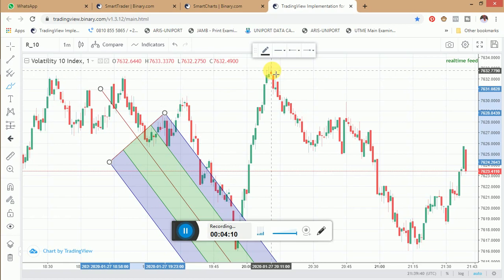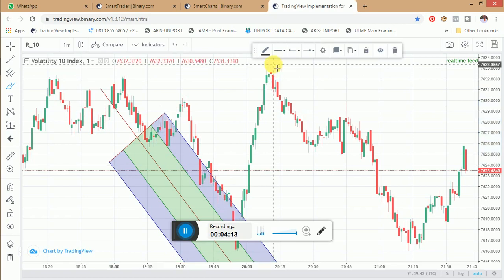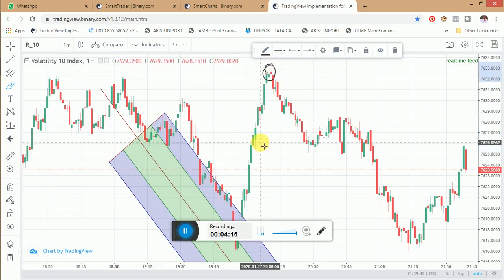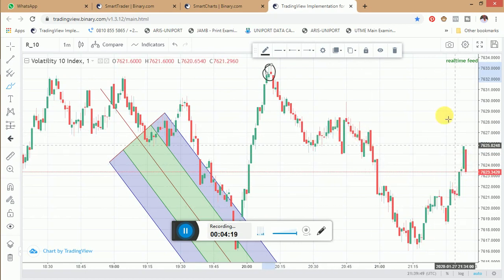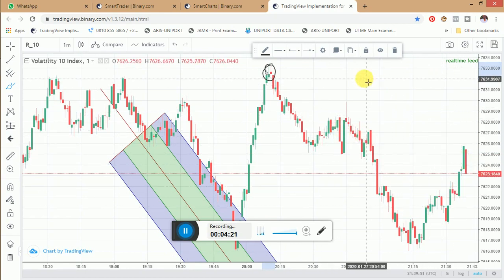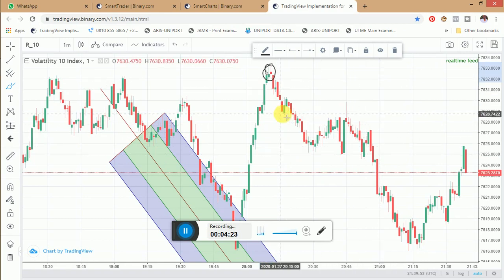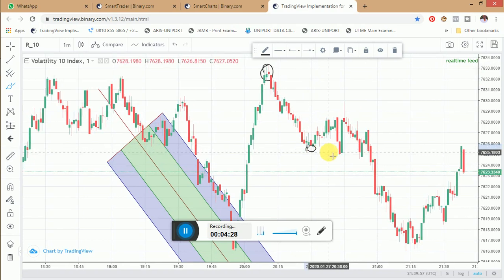Let's say you might see that the market started falling at this point, right? Now you might see the candle, this candle proceeding. It fell at that point, and then at this point it started rising again.